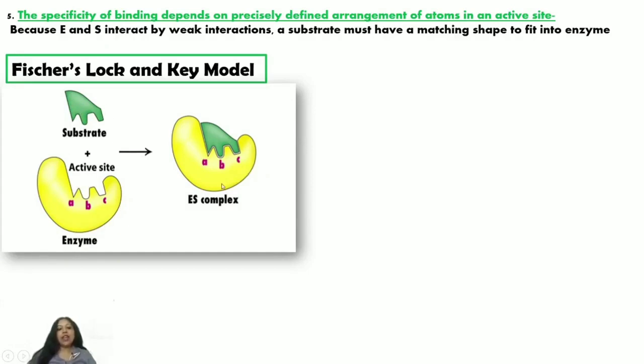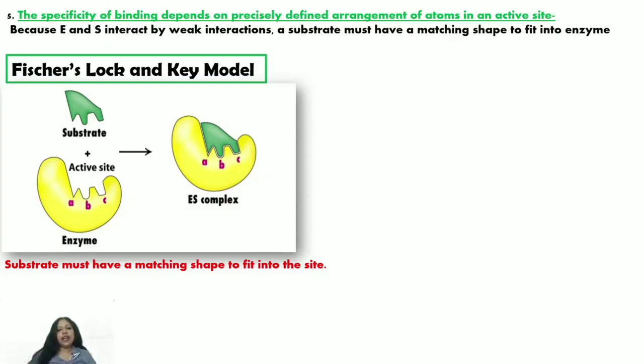They come together and form the enzyme-substrate complex. So they concluded that the substrate must have a matching shape to fit into the site. Otherwise the substrate cannot come into proper contact with the active site and formation of product cannot take place. So this was the first hypothesis which came to mind.